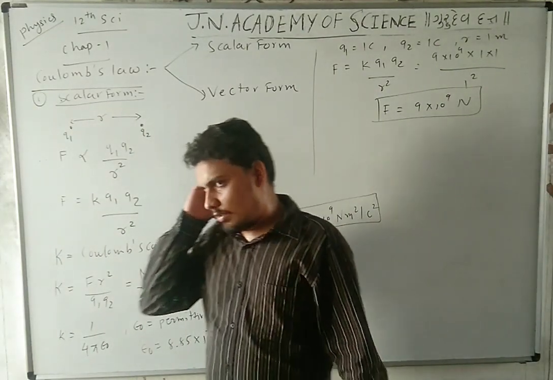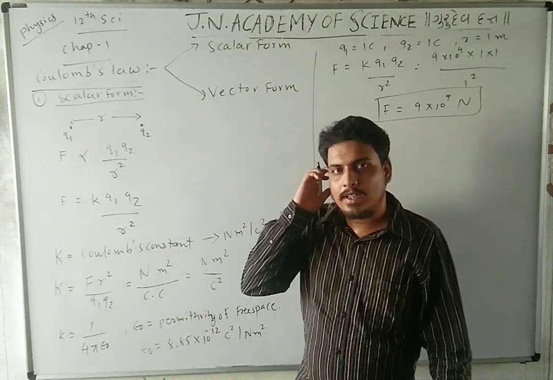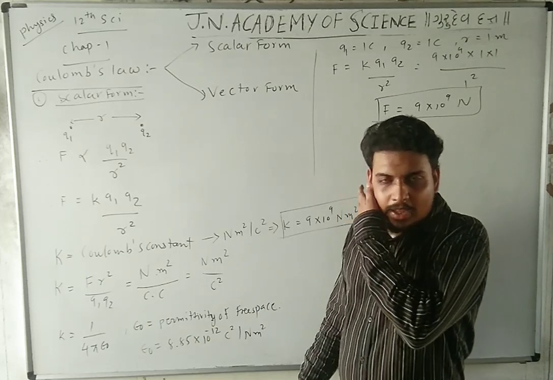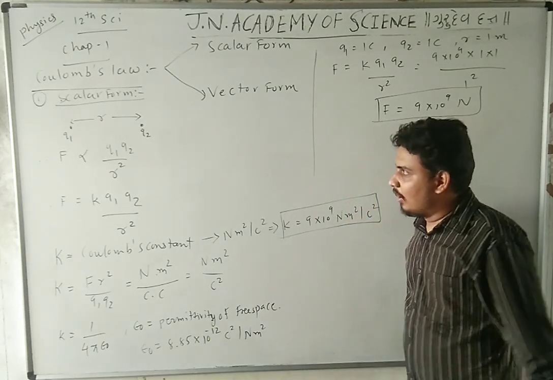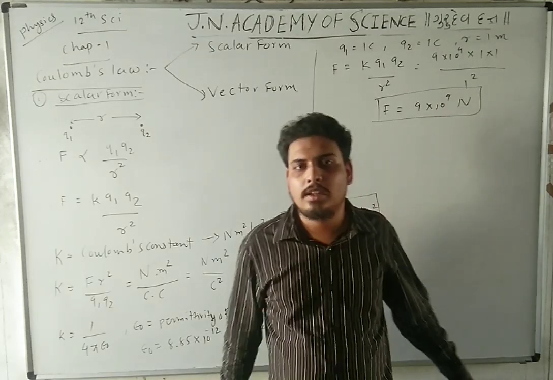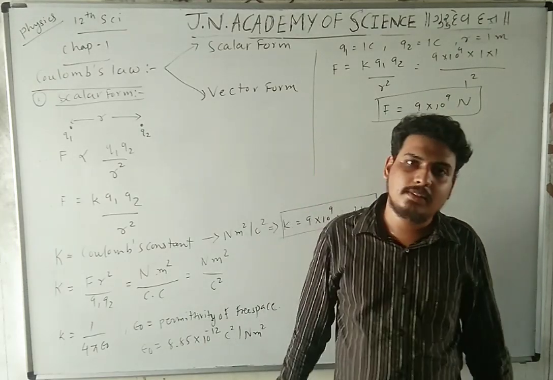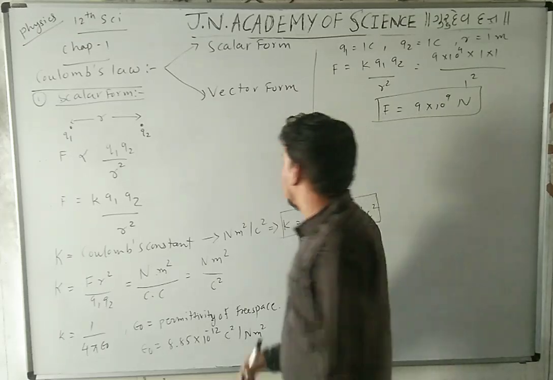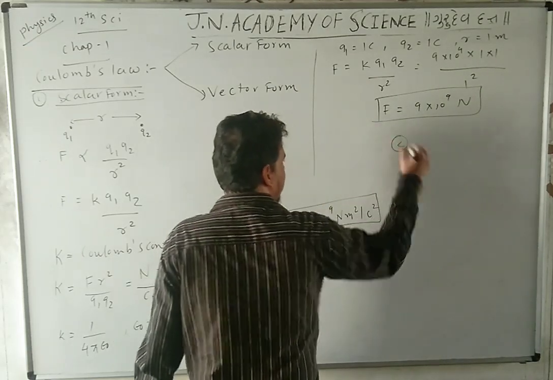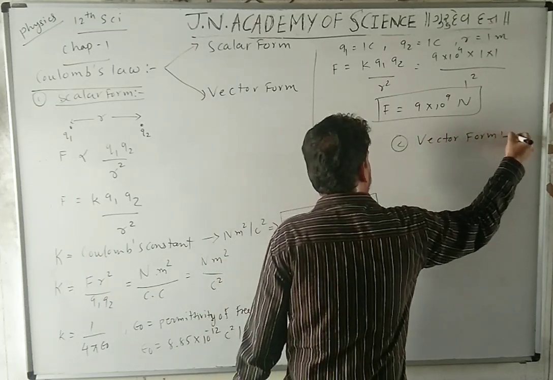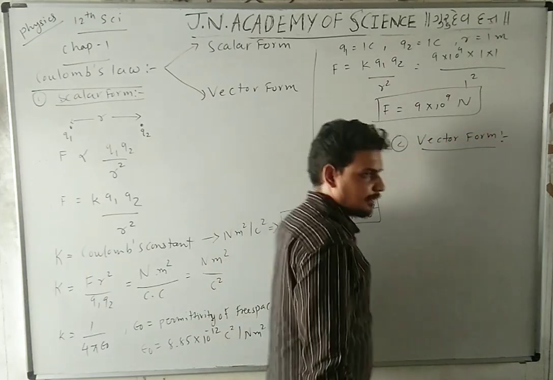In this part we are not considering the direction, we are only considering the magnitude. That is important because in the vector form we always consider magnitude as well as direction. So now let us take the second form, the vector form of Coulomb's law.